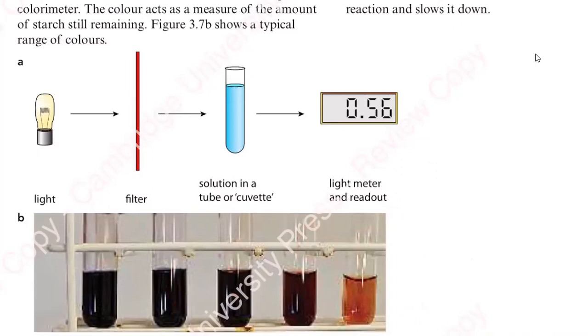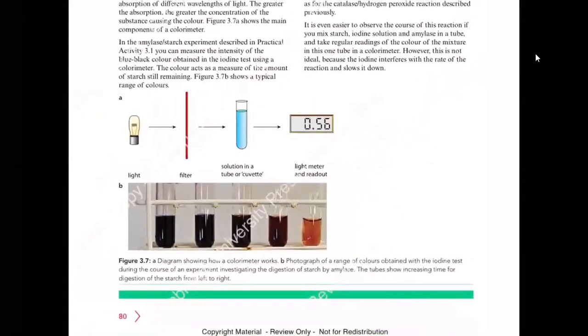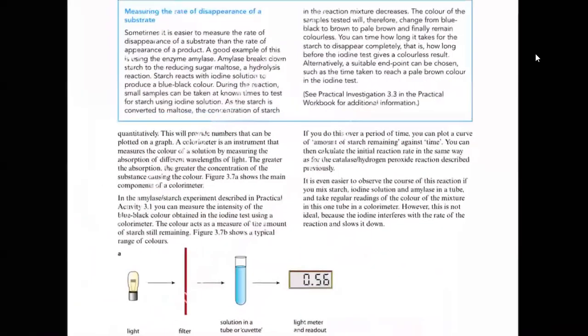इससे फायदा ये होगा कि हमारे पास एक quantitative value आएगी which can show me the progress of an enzyme catalyzed reaction. So a colorimeter is a useful instrument which can enable me to quantitatively monitor the course of an enzyme catalyzed reaction, especially उन tests में जिसमें color show हो रहा होता है, right?